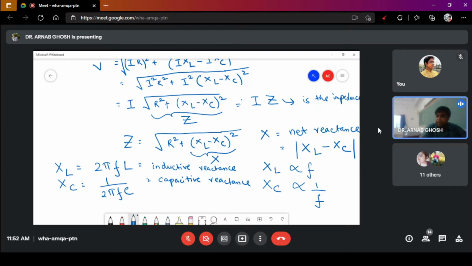This is the concept of the RLC series circuit.